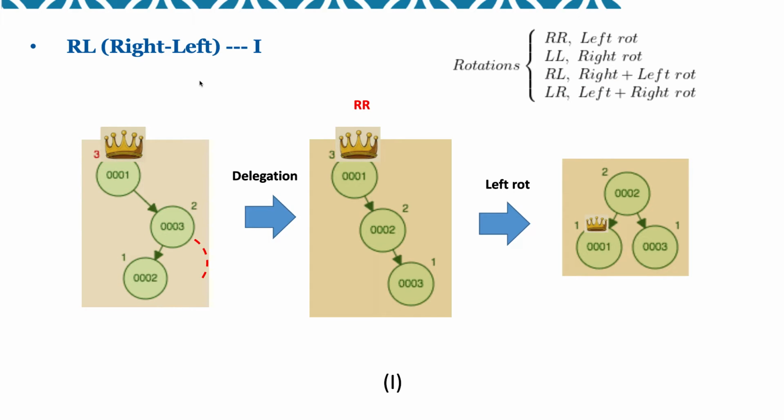Okay, let's talk about the first case. This is an interesting notation I introduced here, a crown, right? It's a king crown, because I have mentioned before for those two situations, I defined a delegation for easy memorization. Why do I call it delegation here? Because this node is imbalanced, but it is a king, right?